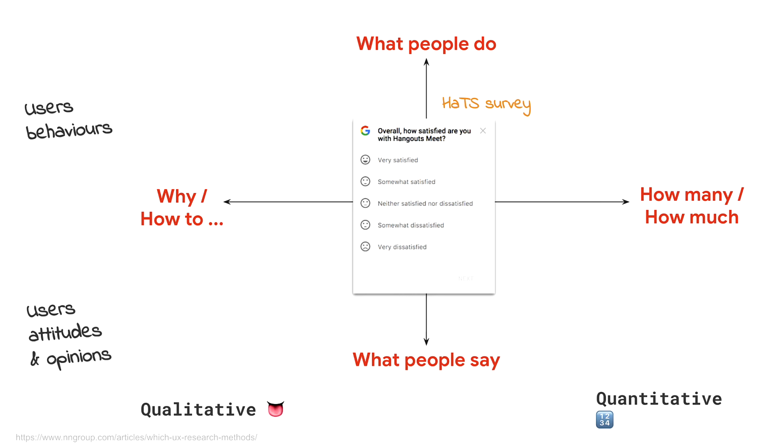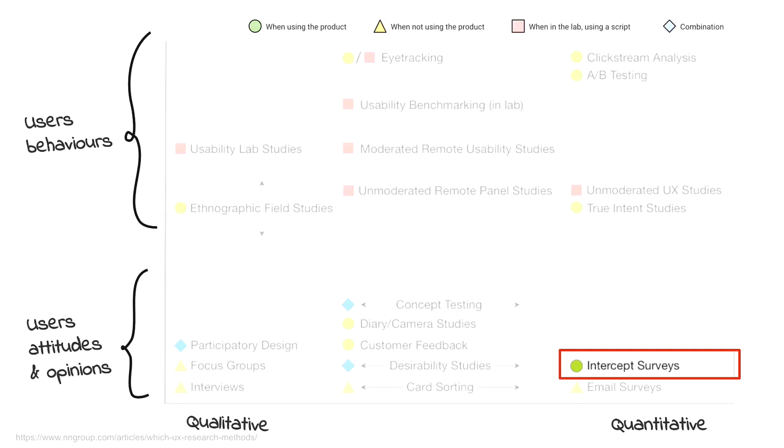Let's look at an example. Imagine a common user intercept survey, like HaTS, the Happiness Tracking Survey. Where would you put this method? As you can see, this is an intercept survey, and our guide tells us that it's usually a quantitative method that captures users' opinions or attitudes.